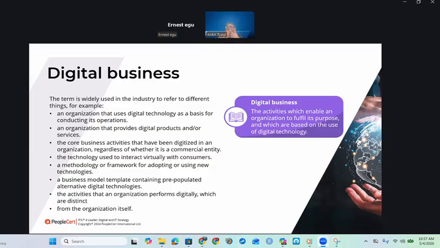These kinds of organizations are completely dependent upon digital technology to deliver their products and services to consumers. So they may just have a different definition of calling themselves a digital organization. Like I said, every organization may have a different understanding, different definition, different criteria against which they can call themselves a digital organization.